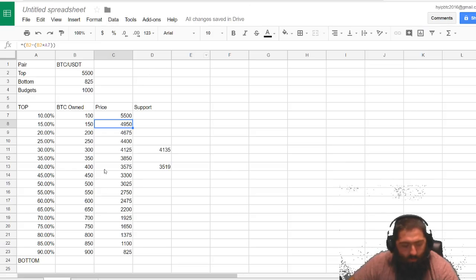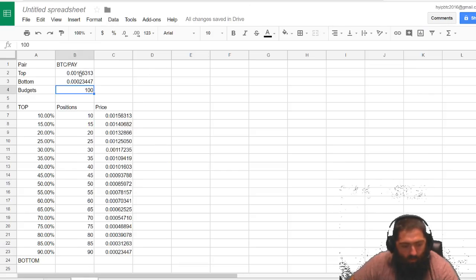So if I go over here to my chart and put in my top number for BTC Pay, and then let it figure out all the calculations, my bottom should be 0.0023447.